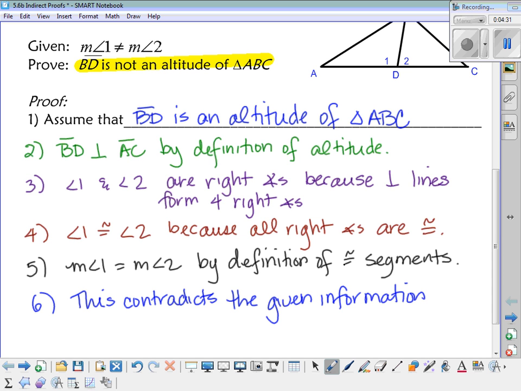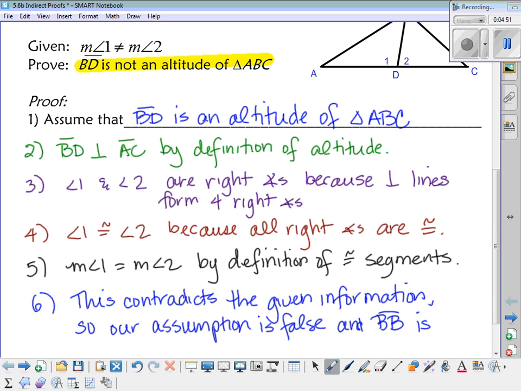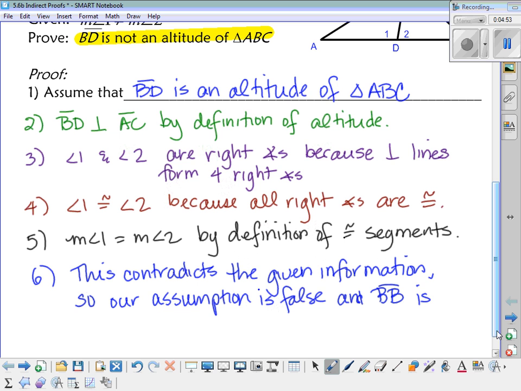And so since it contradicts the given information, our assumption is false, and BD is not an altitude of triangle ABC.